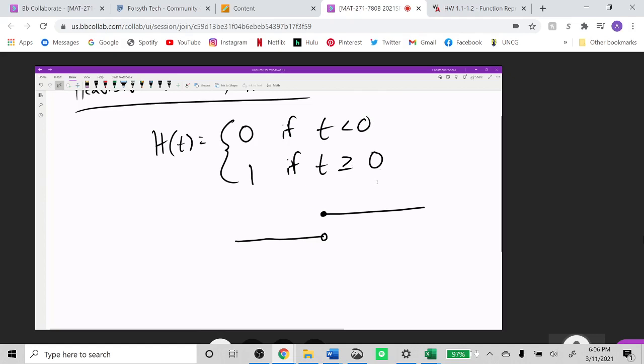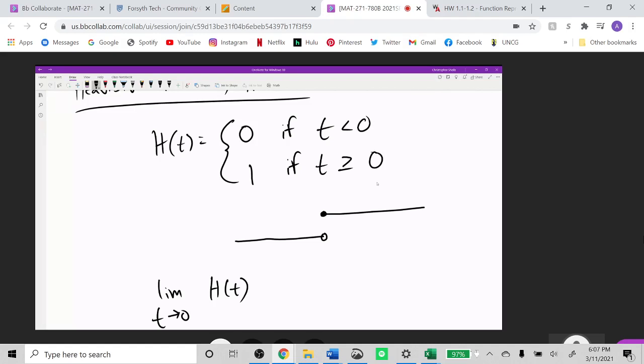The big idea with looking at the Heaviside function being that what if I try to find the limit as t approaches 0 for the Heaviside function? I can't do it, right?